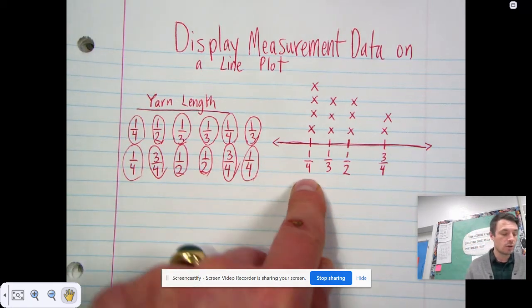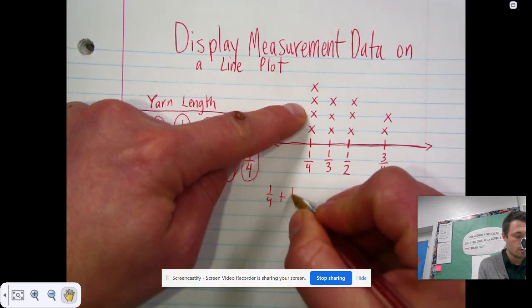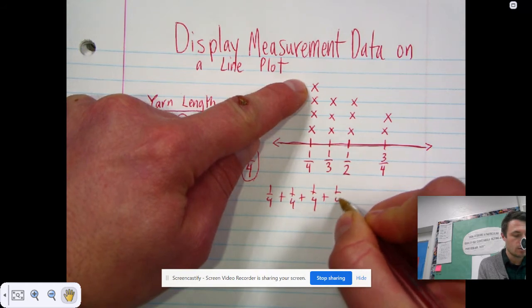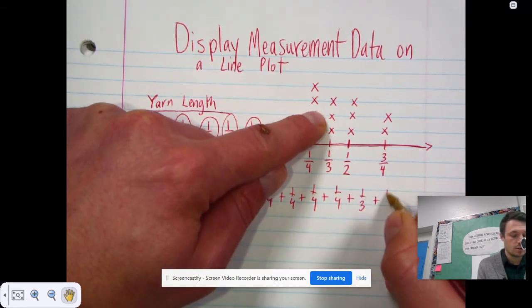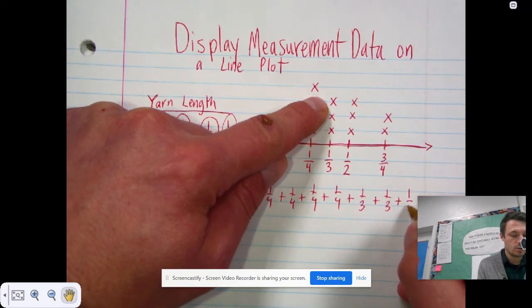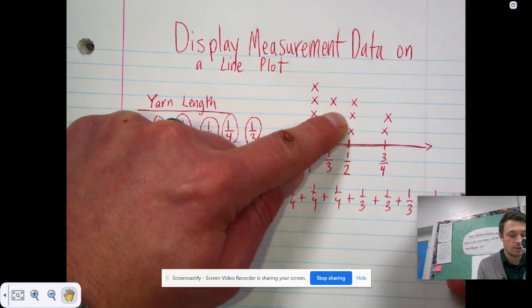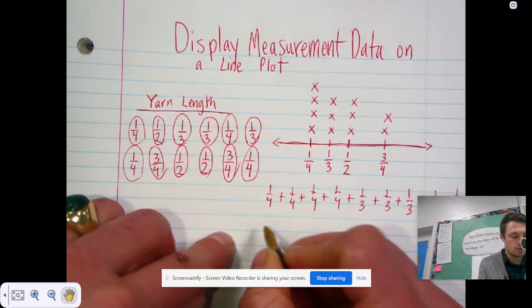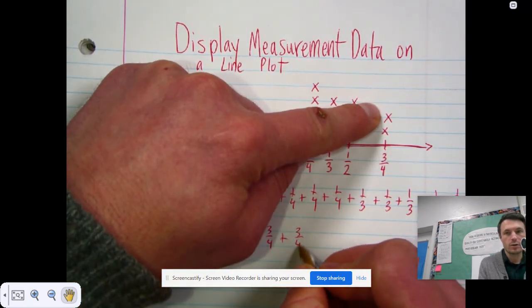So that would look like 1/4 plus 1/4 plus 1/4 plus 1/4 plus 1/3 plus 1/3 plus 1/3 plus 1/2 plus 1/2 plus 1/2 plus 3/4 plus 3/4.